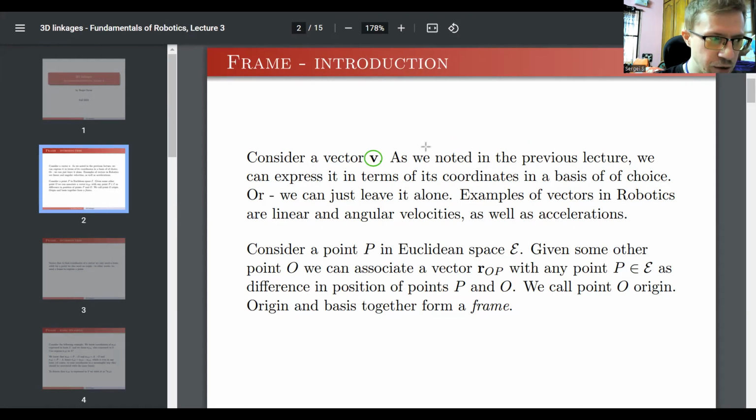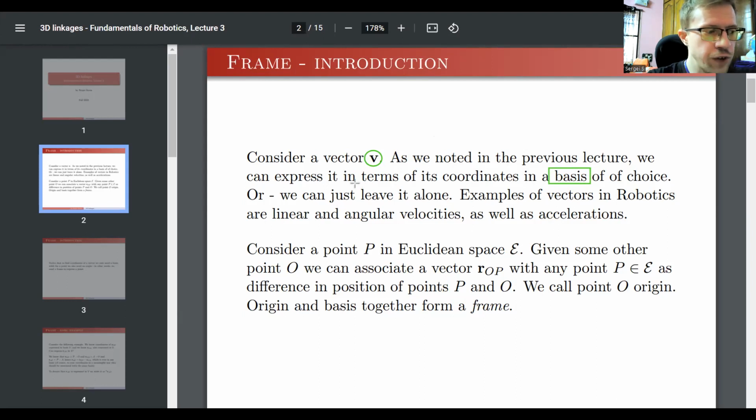As we discussed last time, we can express it in terms of coordinates of v. To describe its coordinates, we need to have a basis, something that can be used to generate those coordinates.